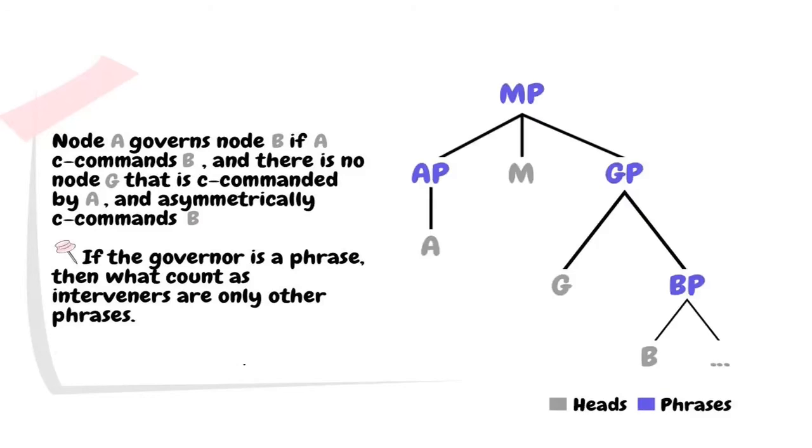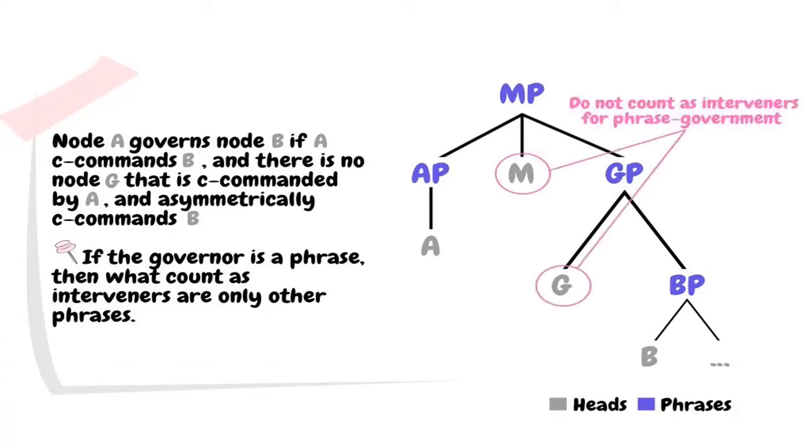Now, in this tree, the governor, which is AP, is a phrase. And notice that there's no node that intervenes between AP and B. If you remember, in phrase government, the interveners must be phrases. But here, we have M and G, and they are heads. Therefore, they do not count as interveners for phrase government.